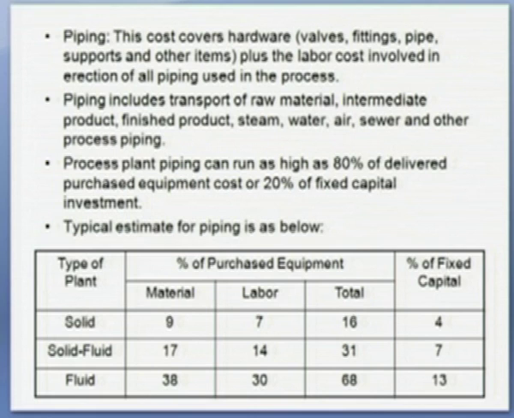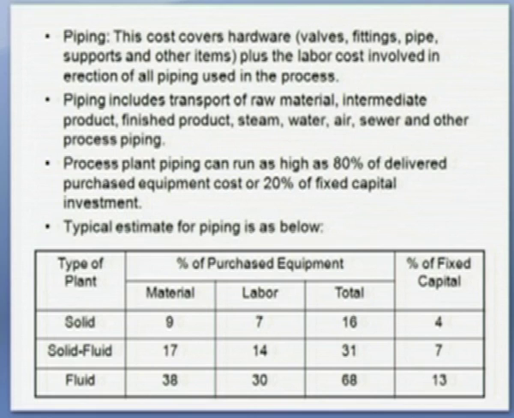Depending on the type of chemicals that a plant is handling, we have to choose the proper material of construction. Usually carbon steel is enough, but in certain cases where highly corrosive chemicals are used, you may have to go for stainless steel.